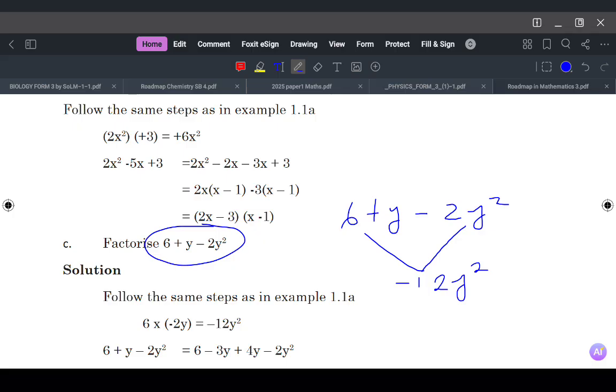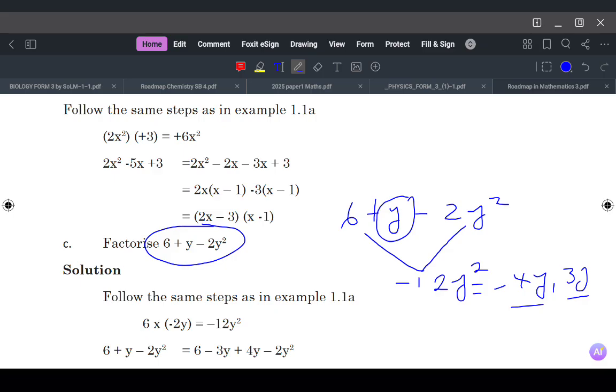The terms of minus 12y squared, which when you add or subtract will give you the middle term, will be minus 4y and 3y. When you multiply these two, you shall get minus 12y squared.